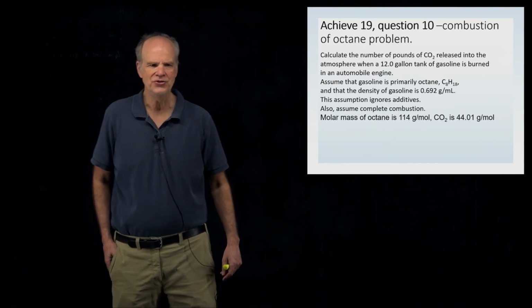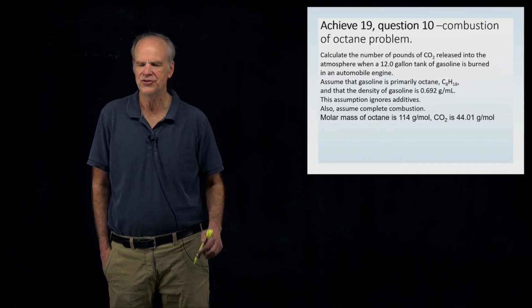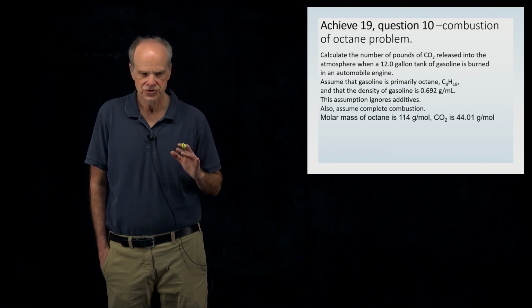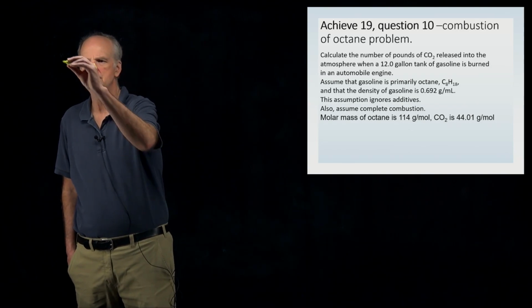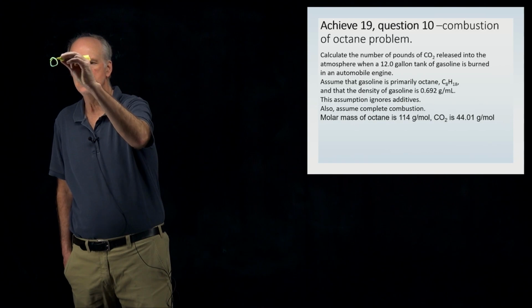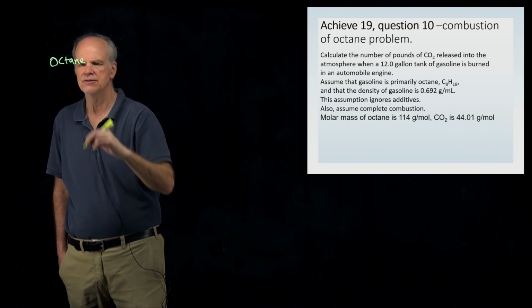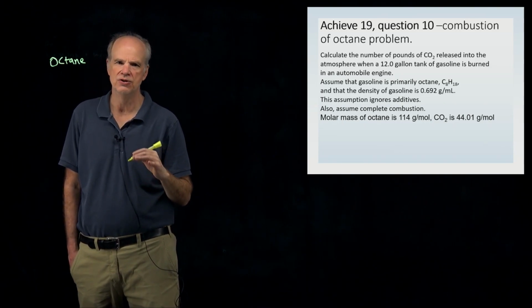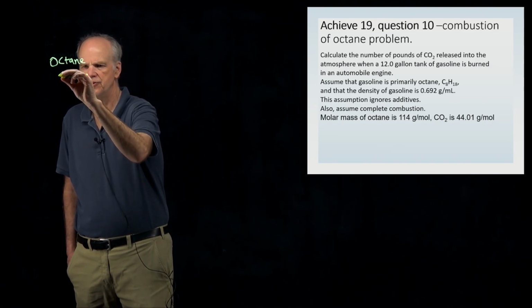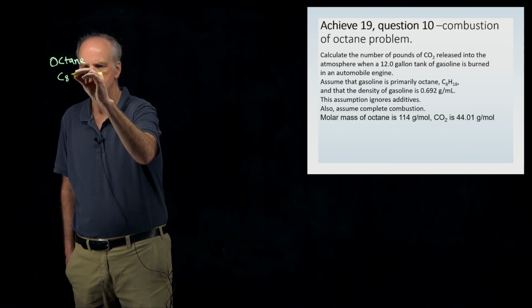Okay, so this is kind of a tricky problem. What they're trying to have you do is you're given a certain volume of octane. One thing you should know is what the formula for octane is, and it is C8H18.